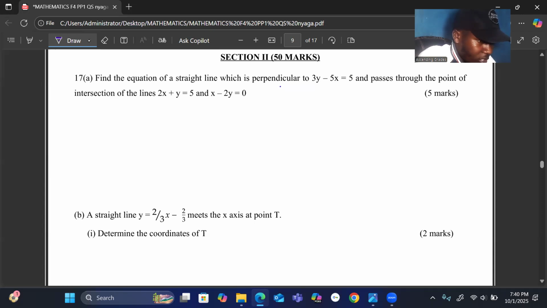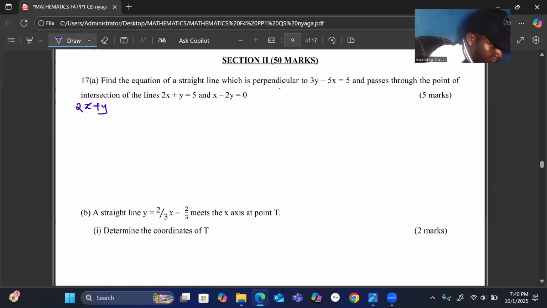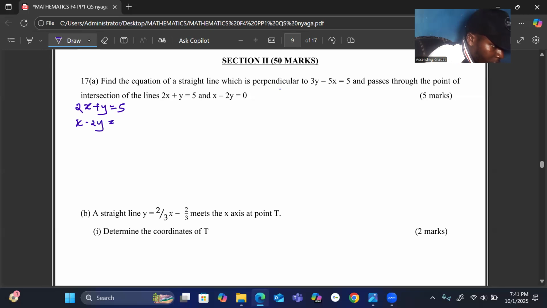So using the two equations, we want to look for the point of intersection. We're going to have the two equations, 2x plus y is equal to 5, and x minus 2y equals 0.